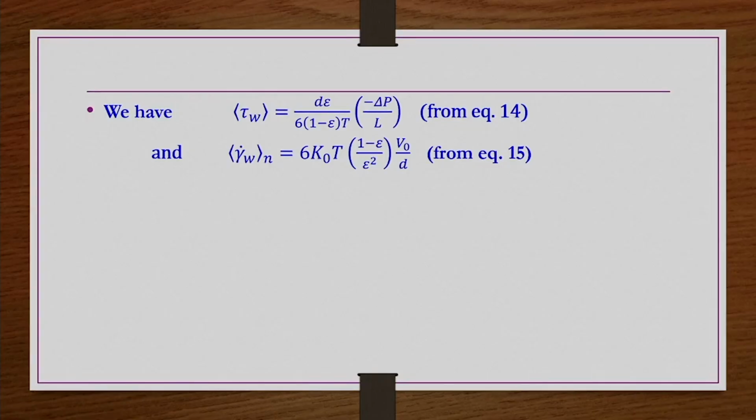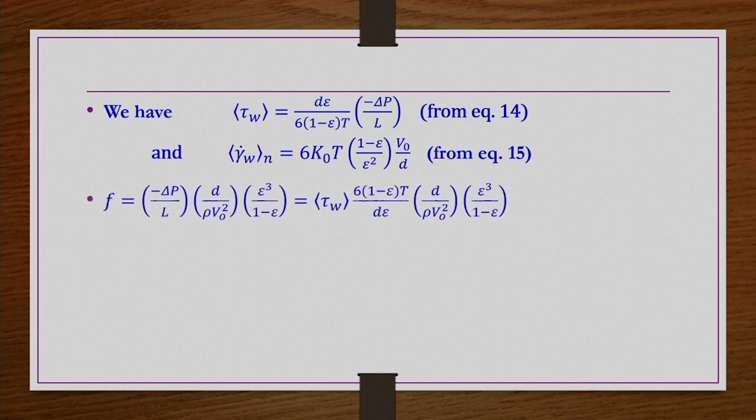So, tau W we have this one, and gamma dot W n we have this one, already derived from equations number 14 and 15. F we have this expression. In place of minus delta P by L, you write tau W multiplied by 6 times 1 minus epsilon T by d epsilon, from equation number 14, and do the simplification.